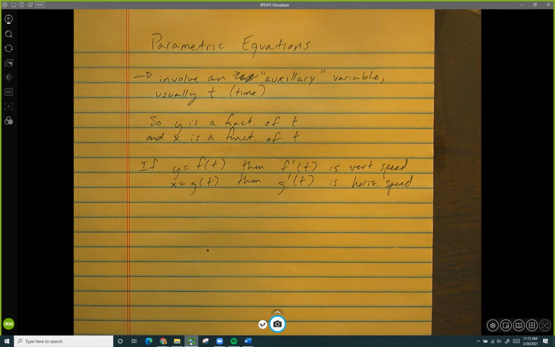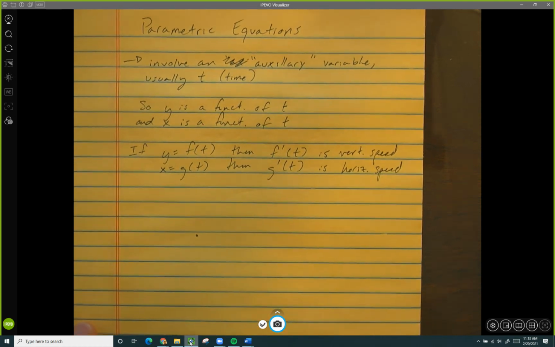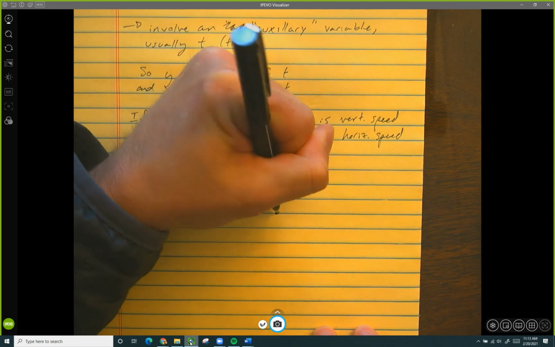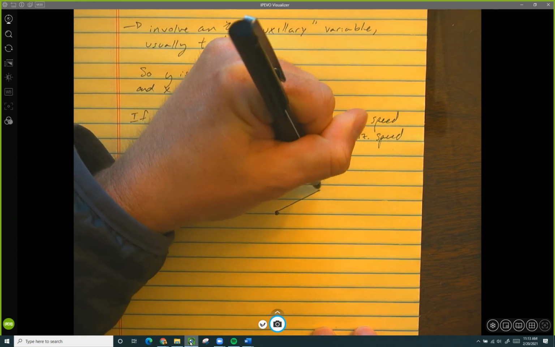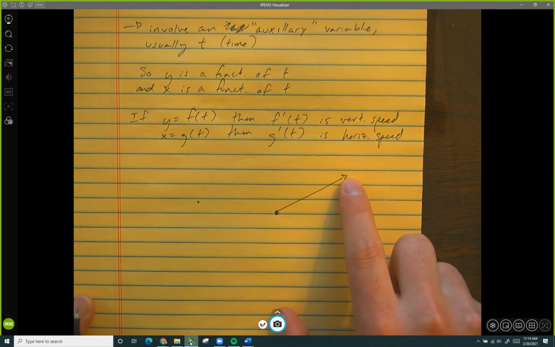Like this part of the worksheet I haven't been able to answer before, but now I get it. So let's imagine some vectors representing vertical and horizontal speed. Let's say we have an airplane that's lifting off, so it has an actual speed that's diagonal.